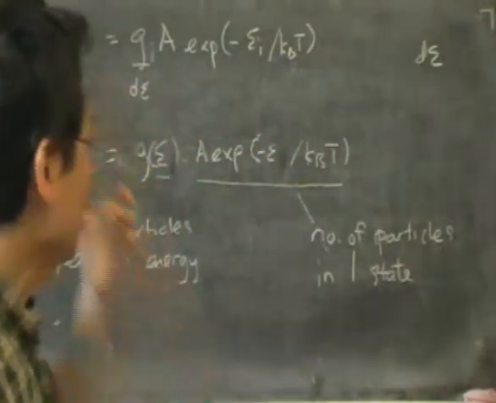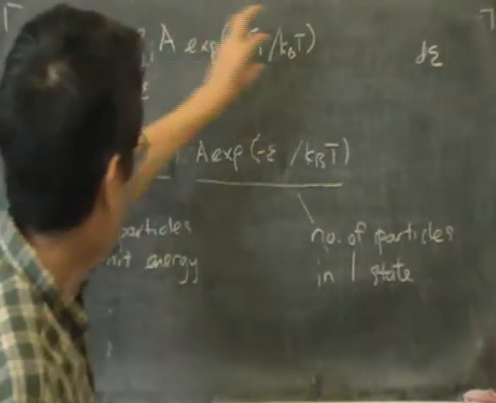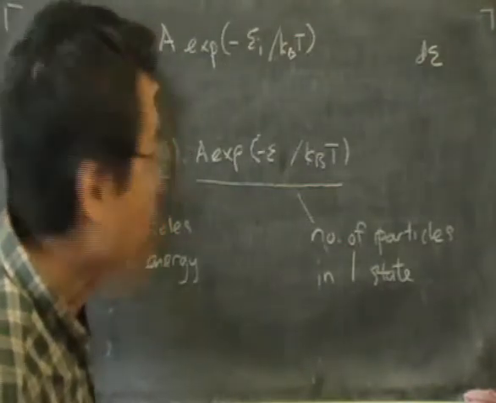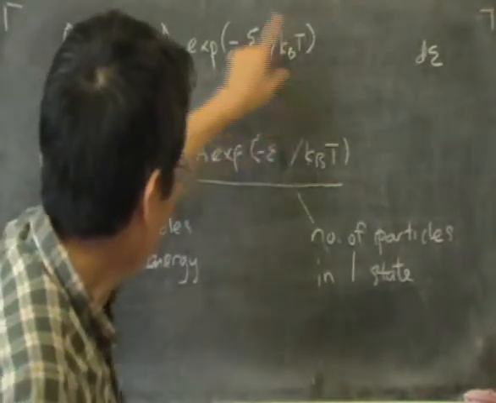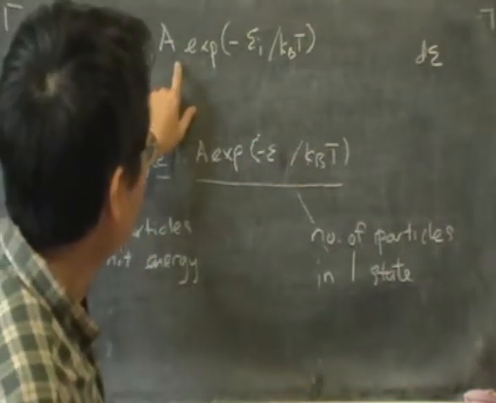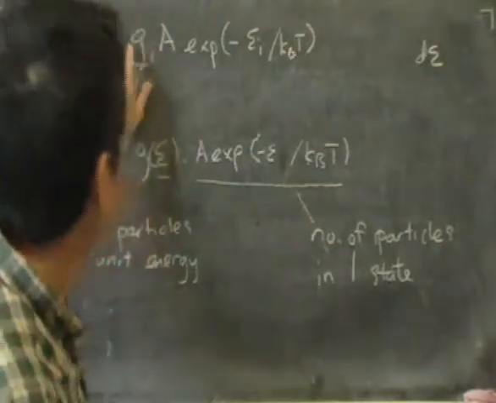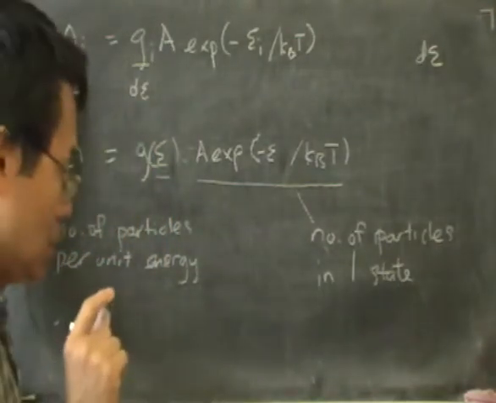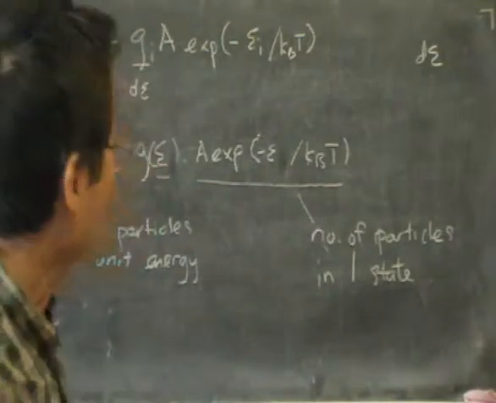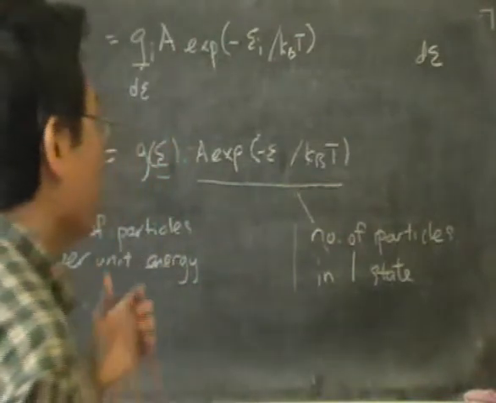Now if you think about it, it makes sense because if you look back at this, the gi there is the number of states. If this Boltzmann distribution is the number of particles in one state, then the number of particles in one state times the number of states must give you the number of particles in that energy interval. So therefore this is what this means.